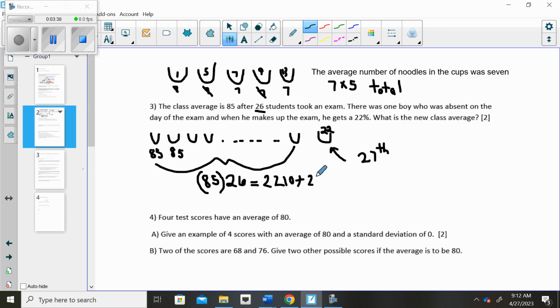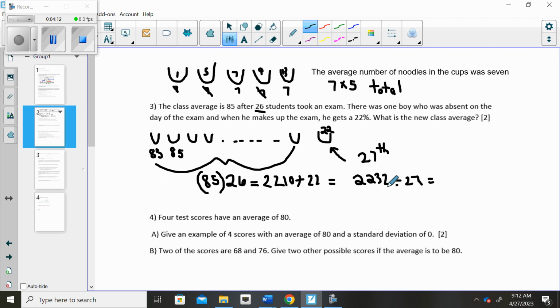And then we have to add in the points scored by this last poor person who only got a 22. And therefore, the total number of points scored in the class, if we add those two together, is this. And then when we divide, there were 27 total students in the class that got that many points when we combine all their points.